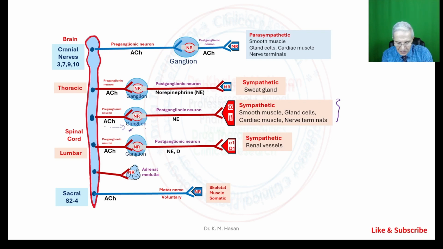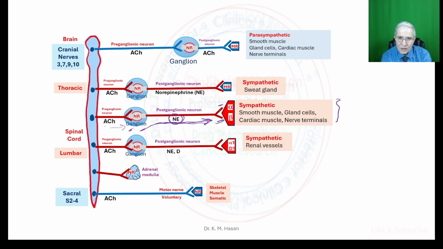After stimulating this nicotinic receptor, the postganglionic neurons are activated, and this neuron will release a mediator called norepinephrine. NE stands for norepinephrine. So the NE belongs to the sympathetic system, the adrenergic neuron. The norepinephrine will stimulate the alpha adrenergic receptor or beta adrenergic receptor.